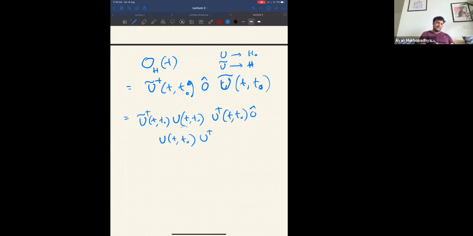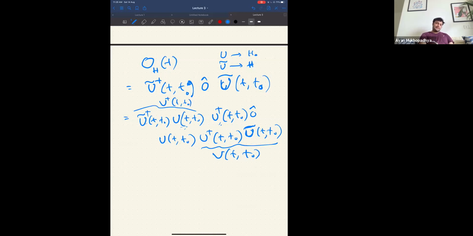So I'm just writing identity as U dagger U, and U tilde T T naught. But what is this object U tilde? This is nothing but our V T T naught, right? That's what we defined some time ago. And this object is also nothing but V dagger T T naught, simply the dagger of this object.